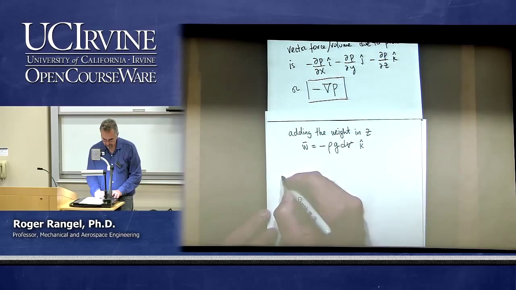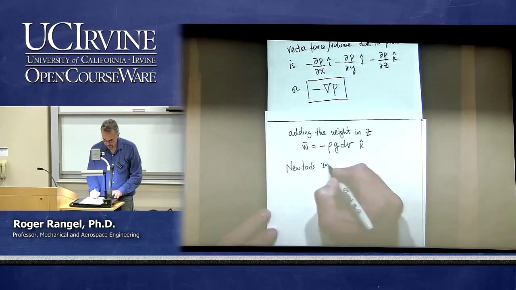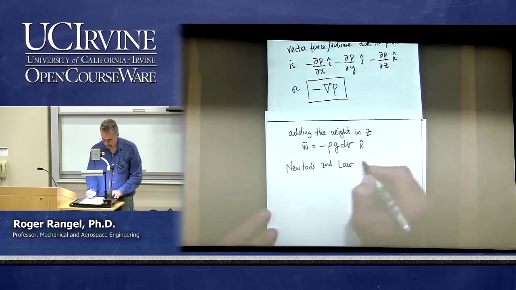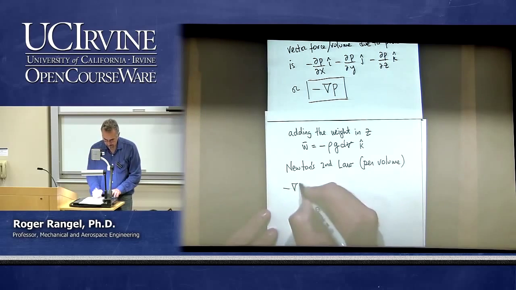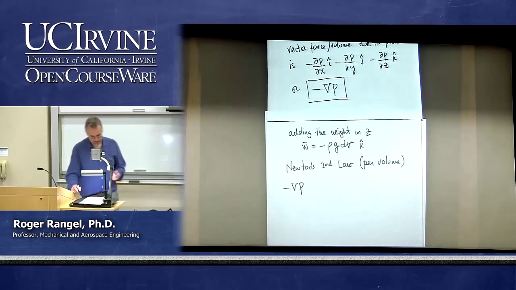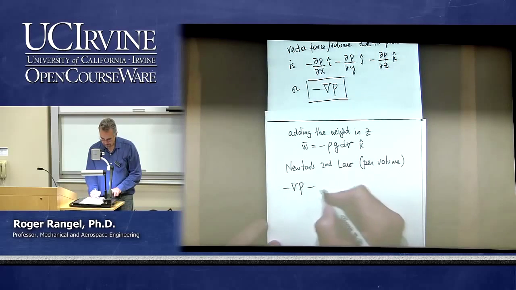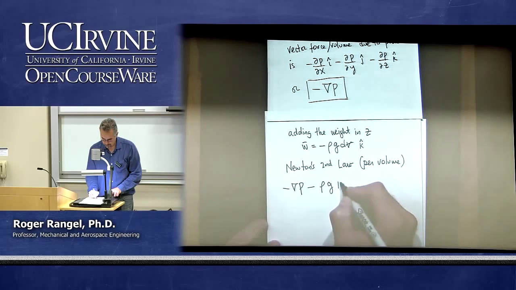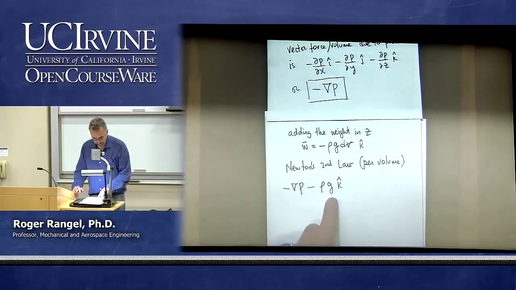If we have that force added to this, then Newton's second law per unit volume is minus gradient of P, which represents the pressure forces. Then I have to add minus rho g k for the weight per unit volume.